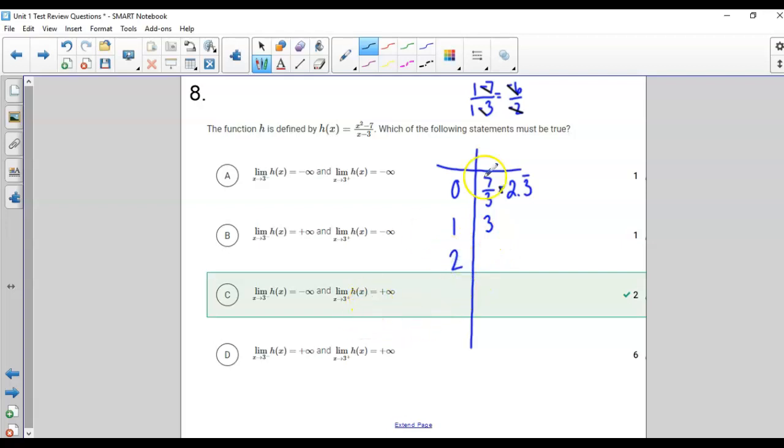If I plug in 2, I'm going to have 2 squared minus 7 over 2 squared minus 3. And so I will get 4 minus 7, which will give me negative 3 over 4 minus 3, which is going to give me 1. So I get negative 3.